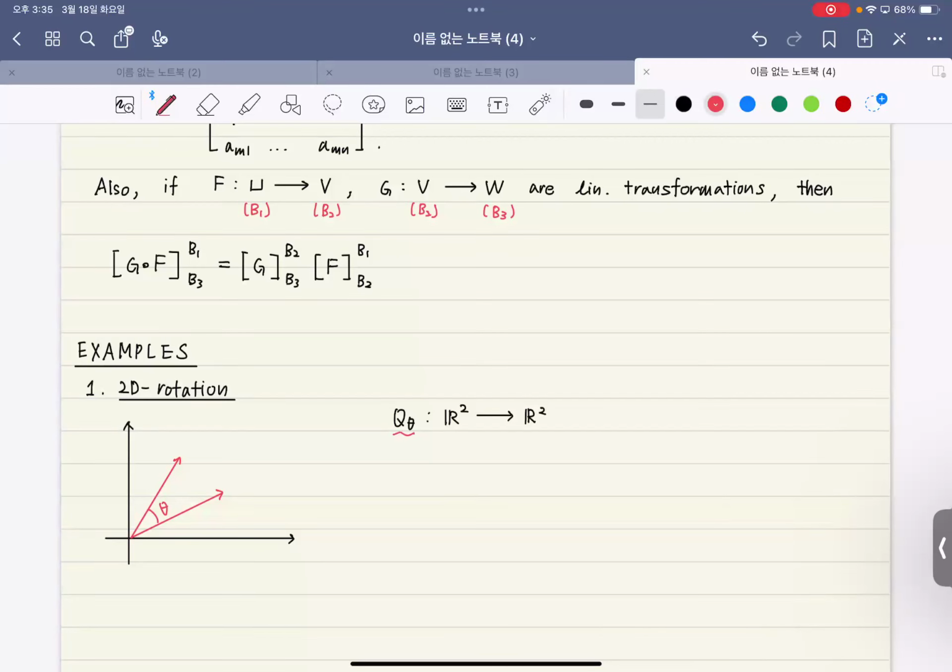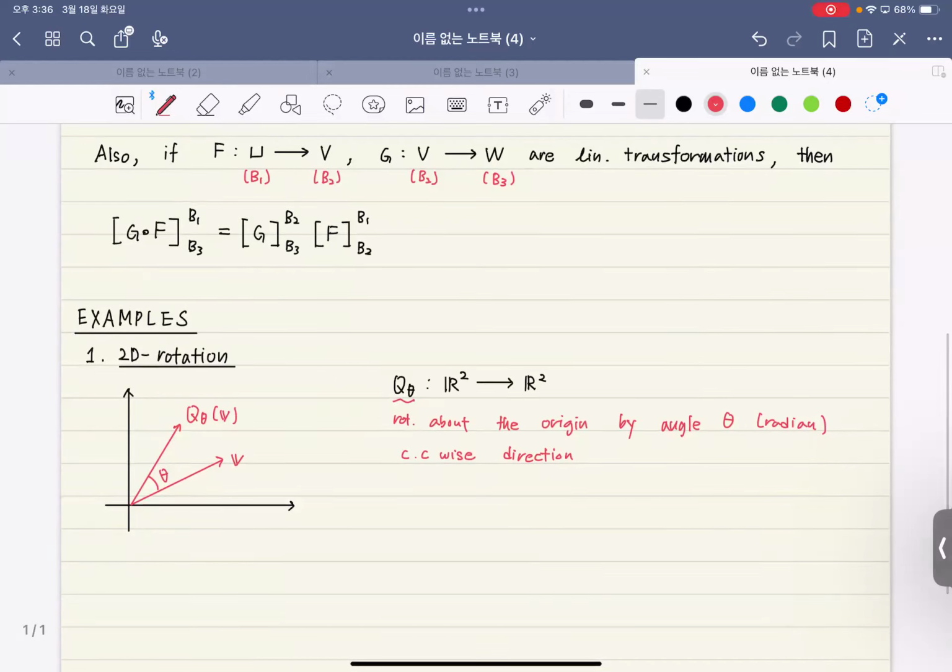This is rotation about the origin by angle theta, with everything in radians, in the counterclockwise direction. Okay, so if this vector is V, then the resulting vector must be Q theta of V.